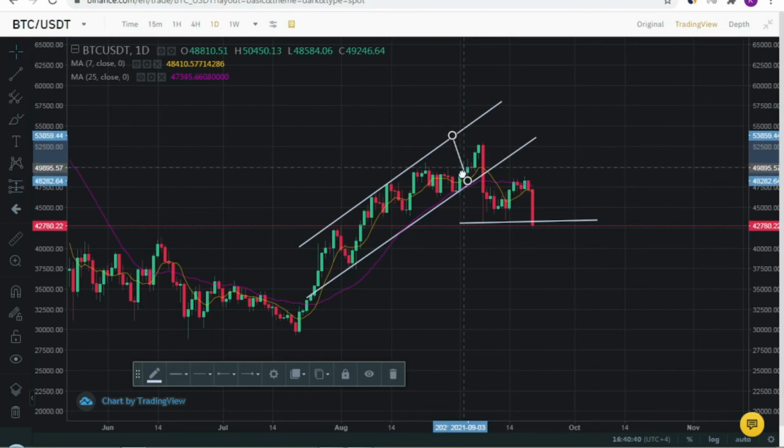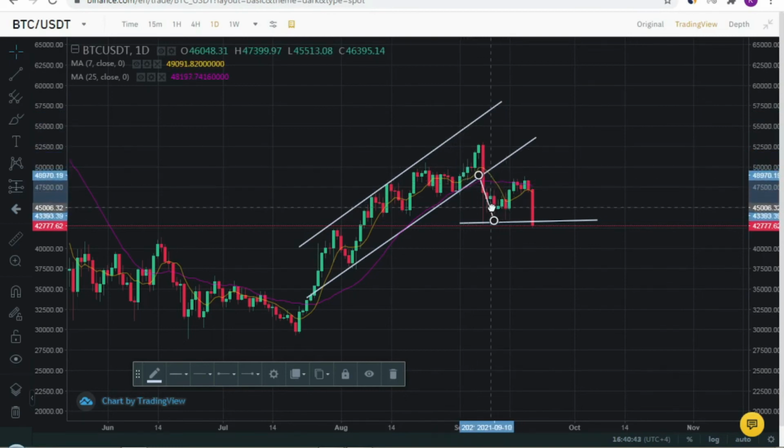But since we broke below it, we need to take that and put it here where it broke, and we'll get our next price target, which is $43,000. So from here that it broke, you know that this price must come to $43,000. Yeah, everything remaining equal, it has to come down to $43,000.